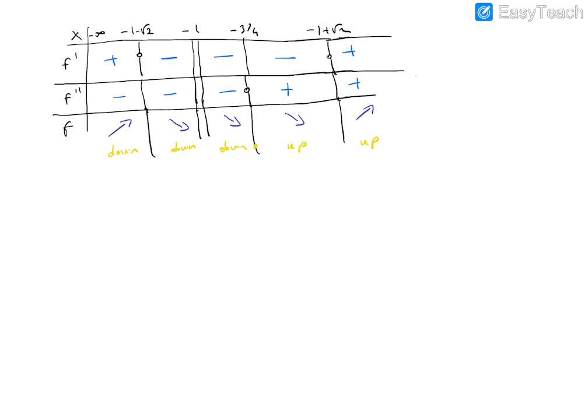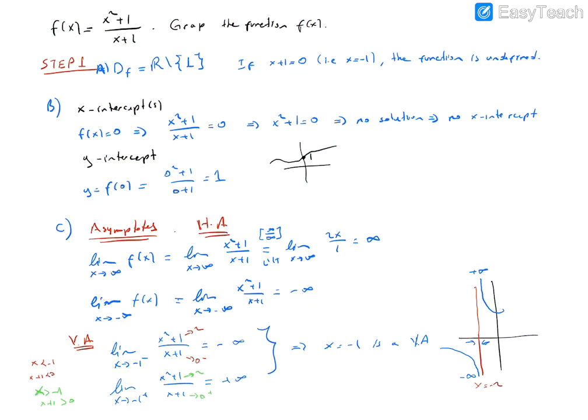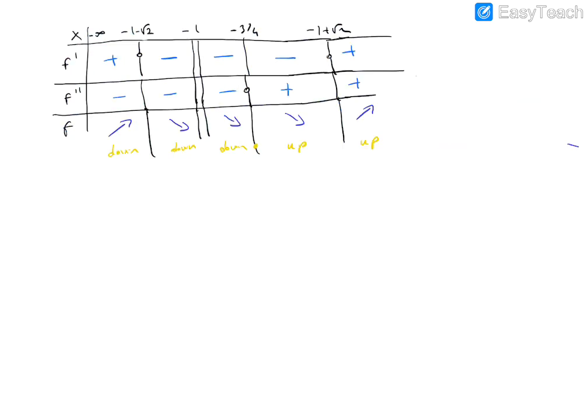So as you see here, concavity changes, and at that point the increasing-decreasing behavior changes, and also here. Okay, so maybe these points can be considered as zeros. This is not correct. Also, if you want, you can find the zeros of the function, the x-intercepts, but there is no x-intercept. Okay. So this is our sign chart.